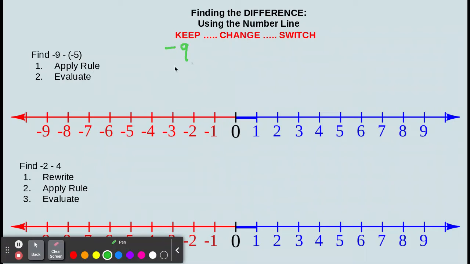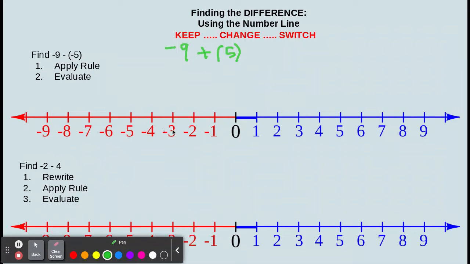We are going to change the subtraction sign to an addition sign, and then we're going to switch the sign of the second integer. So it was a negative, we're going to now keep it as a positive. So our problem becomes negative 9 plus 5.